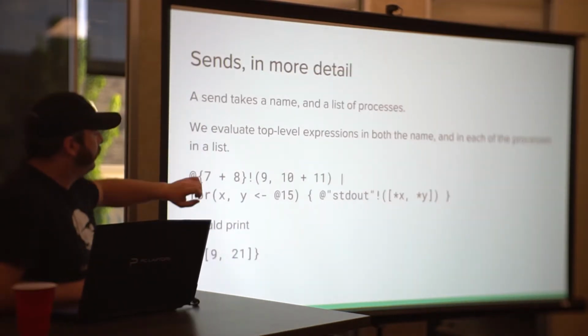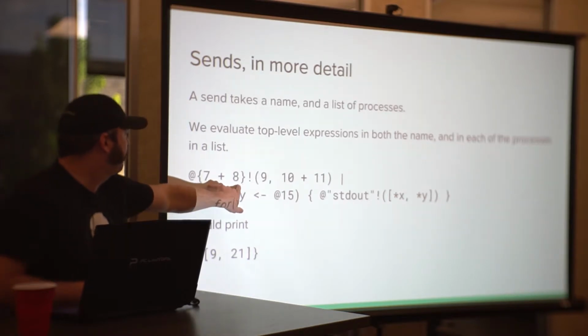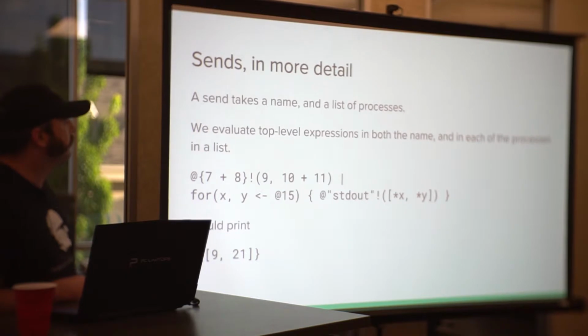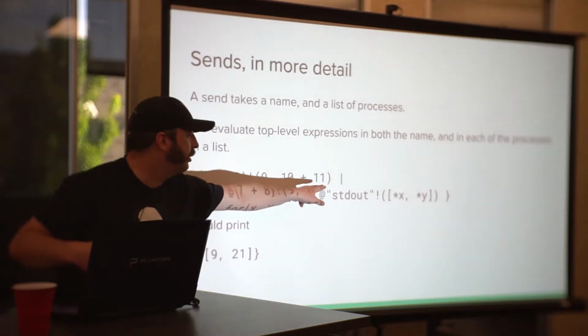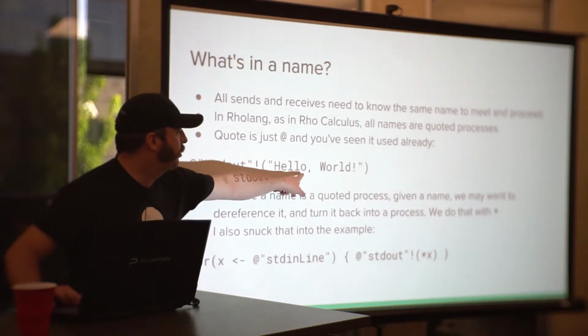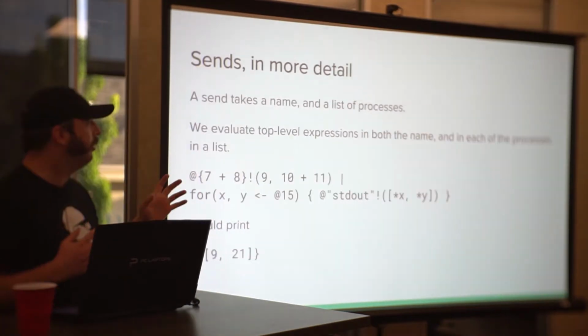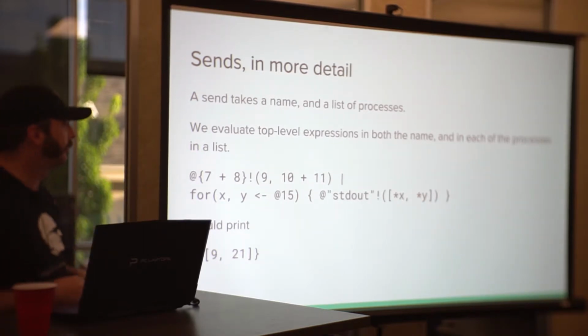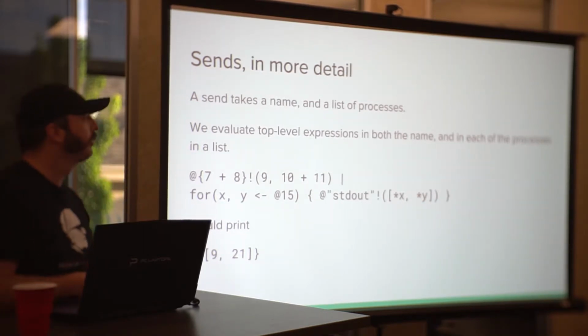So a send takes a name, and that name is this part right here, and a list of processes, and that's this list right here. If we go back to this slide, that's a quoted string, so it's a list of size 1. And I believe that sending lists of size 0 actually works at the moment, but I'd have to go check.